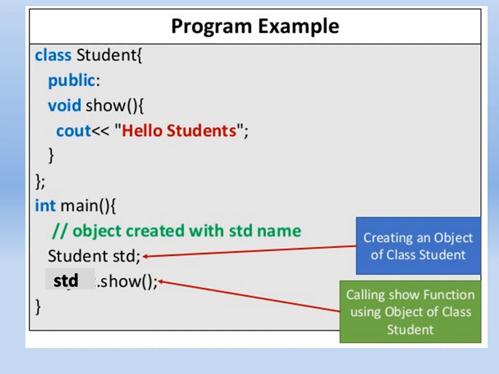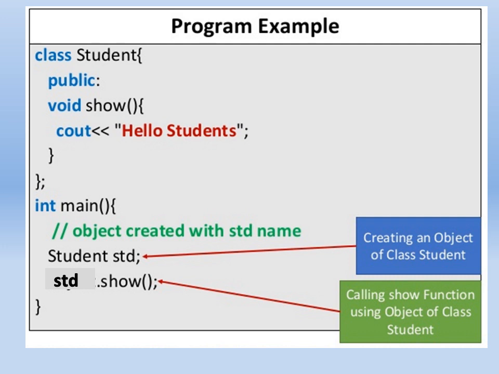So this is the body of the class student, where the scope of the class starts. Under the public section we define the show function, and in the show function we are printing hello students. Then close the show function and close the class, that is the end of the scope of the class. Okay, so it is the definition of the class.